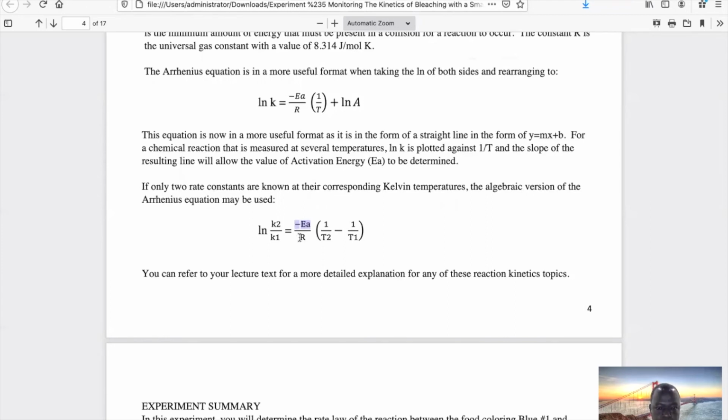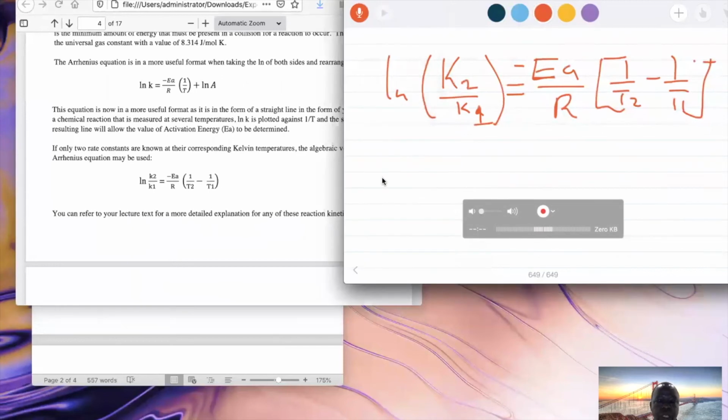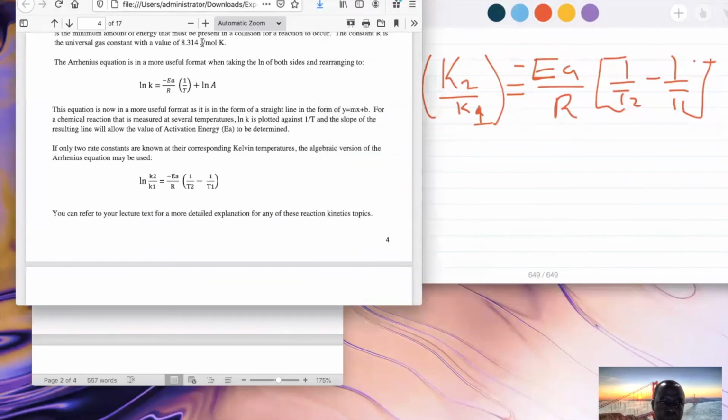I may just have the negative sign go with R. And remember, R is the universal gas constant, and most students make the mistake of using 0.0821, but this is the universal gas constant to use wherever you are calculating the energy: 8.314 joules per mole. So remember this, and the value you get will be in joules.